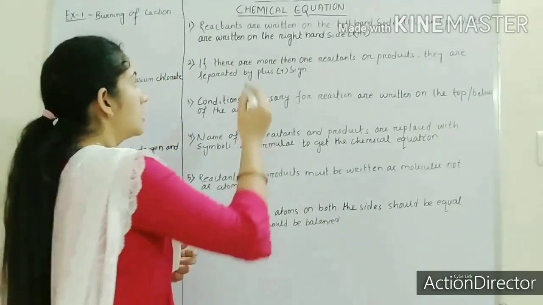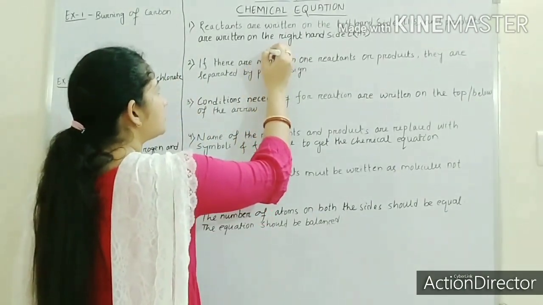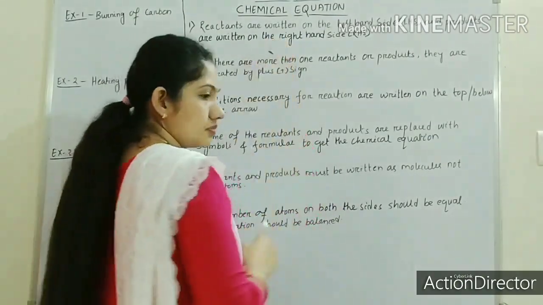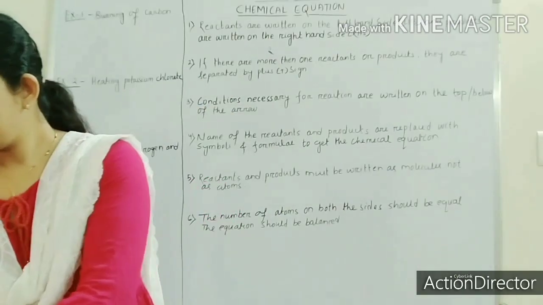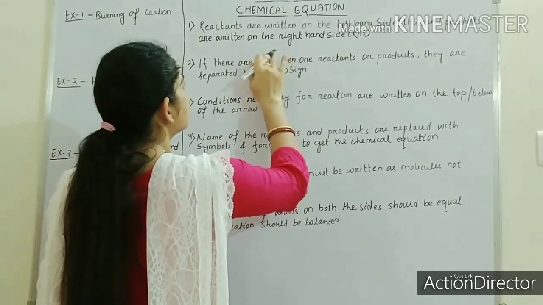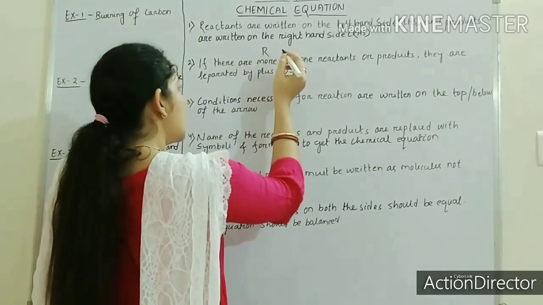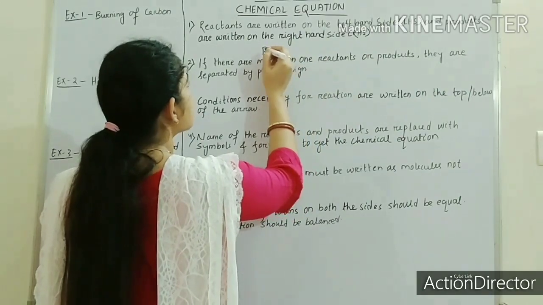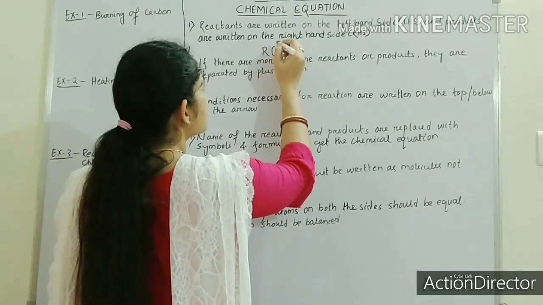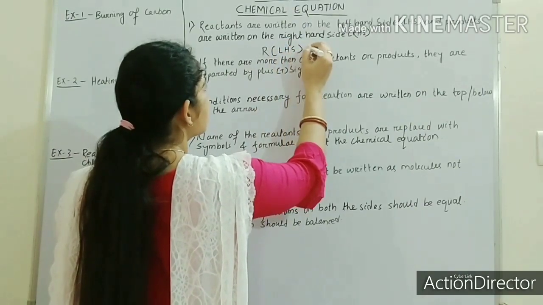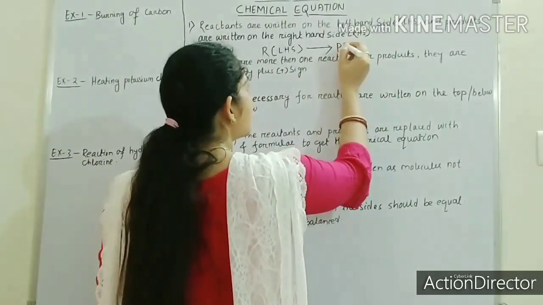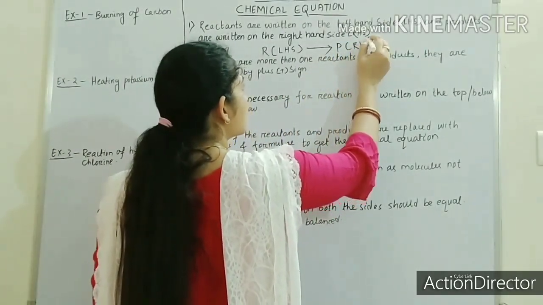Okay, here I am just writing R and P. Reactant should be on the left hand side, an arrow will be given in between, and product should be on the right hand side. Got it?